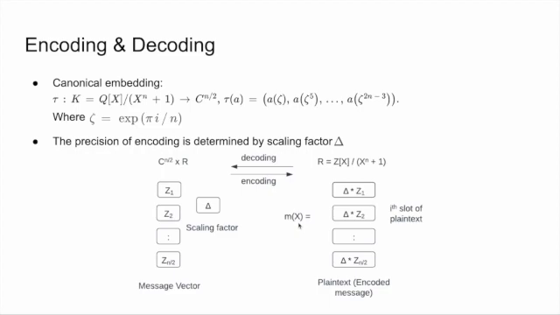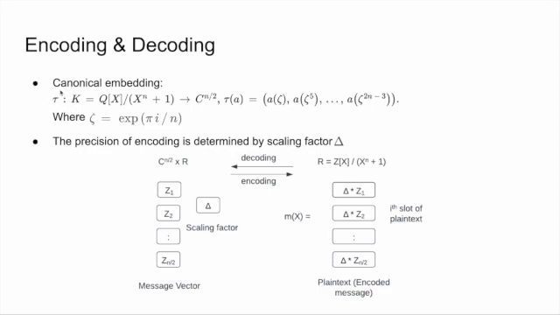In the CKKS encryption scheme, a polynomial ring is used to represent plain text and ciphertext. How this happens is, first we discretize the input values into a set of complex numbers and then pack them into a polynomial. We use mapping function tau inverse for encoding.